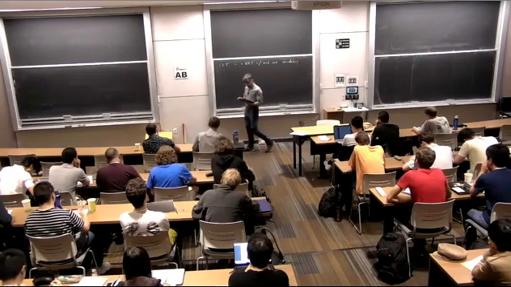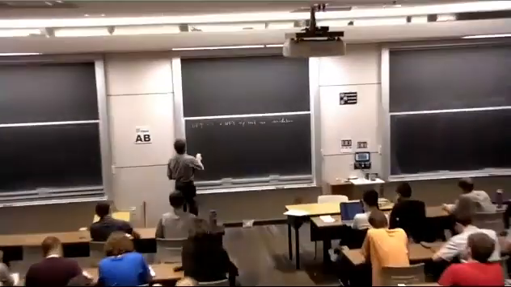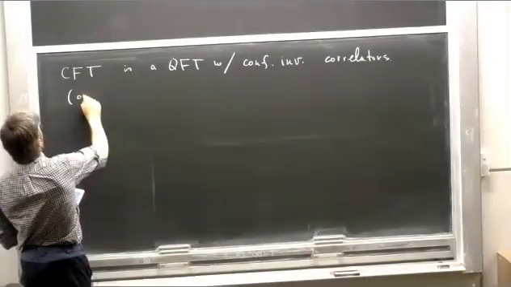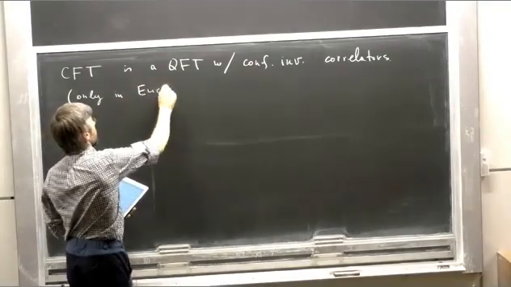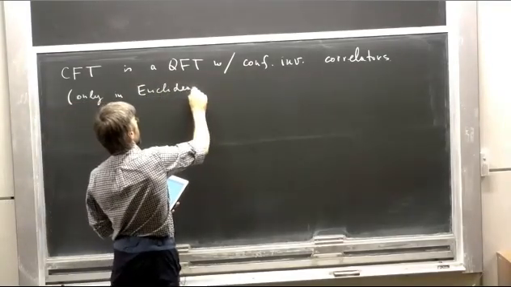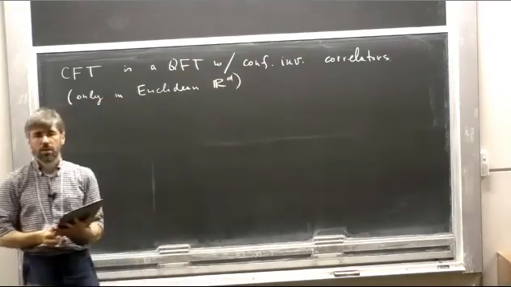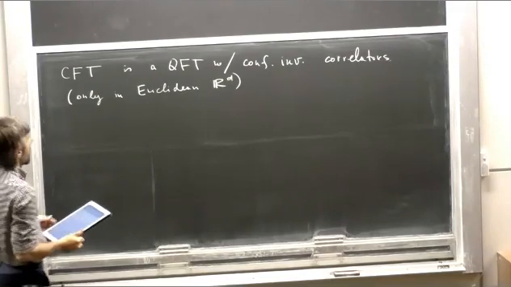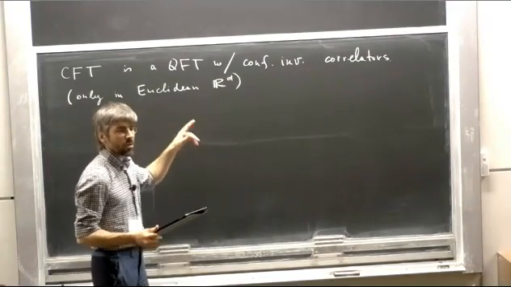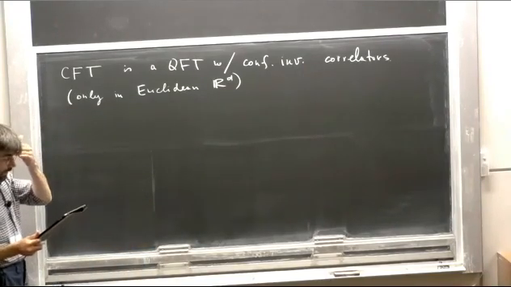And in these lectures, we will only consider CFTs in Euclidean R^D. So there are going to be no subtleties related to topology. There are going to be no subtleties related to Minkowski signature. There's going to be a lecture course about Minkowski CFTs later on.